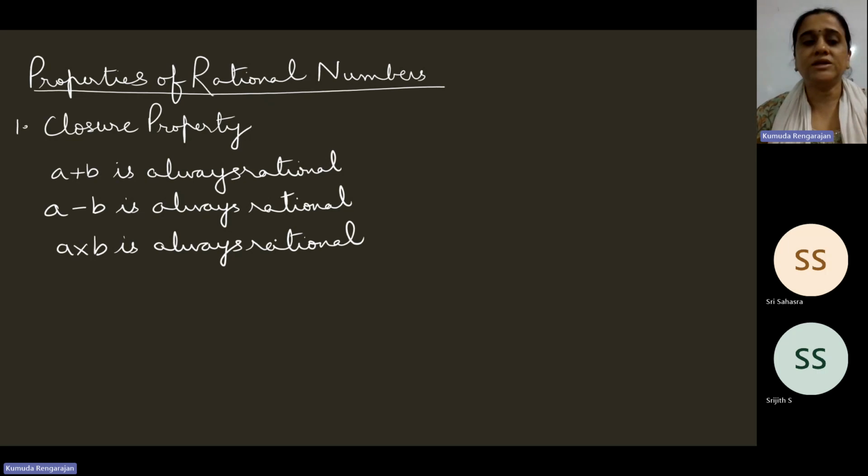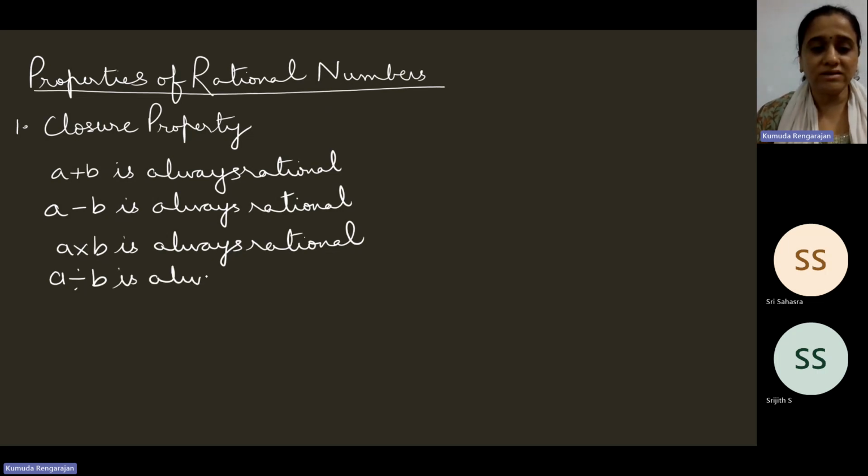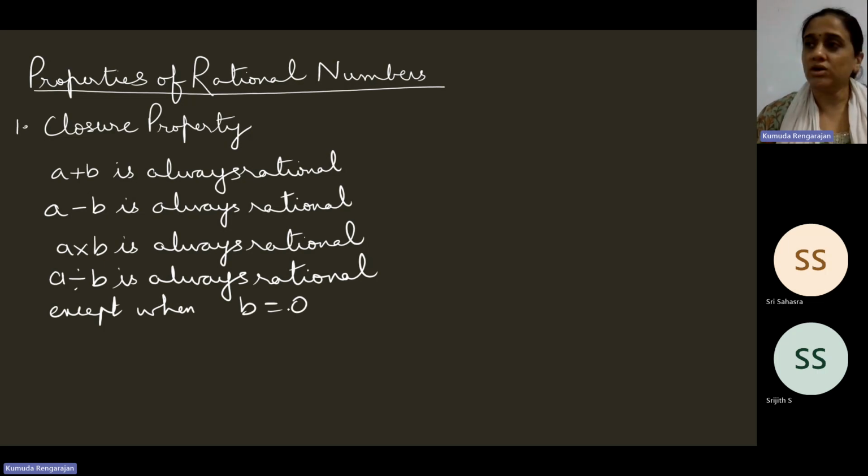Again, for any two rational numbers A and B, their quotient is also rational, except when the denominator is 0. So A divided by B is always rational, except when B is equal to 0.